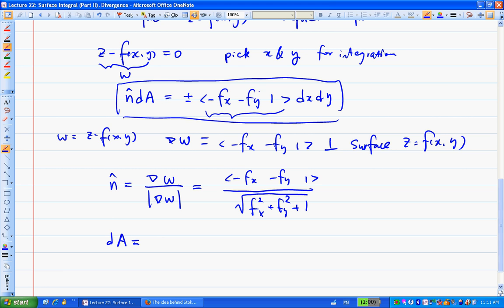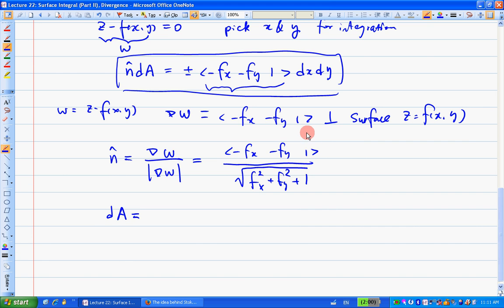So you have this equal to this, very simple. So just substitute this n hat over here, right? It's a 1 over the magnitude, right? What's going on here?